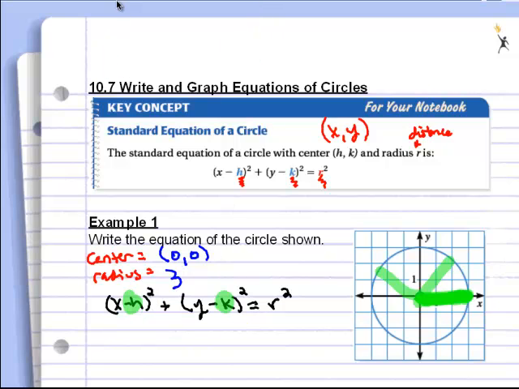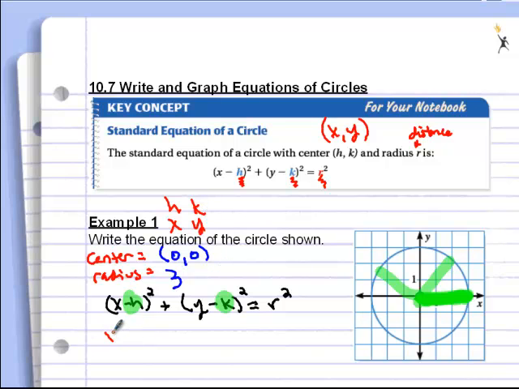But now what I want to do is rewrite the exact same equation, but put in my h and k. Now remember, h and k is just the exact same as x and y. So if I look over here at the coordinates for my center, I identify my x as 0 and my y as 0, or again, you could do h and k, it doesn't matter, it's the same thing.